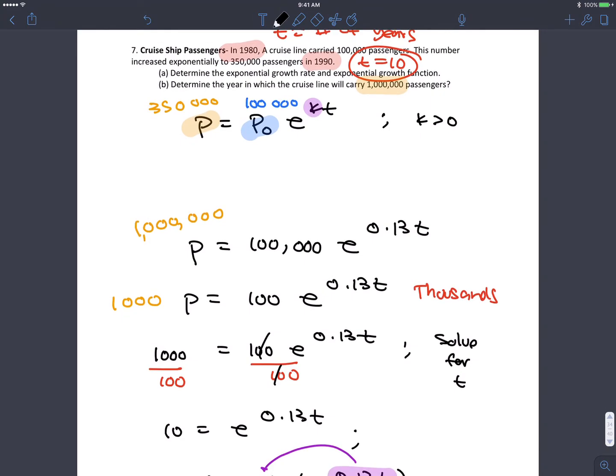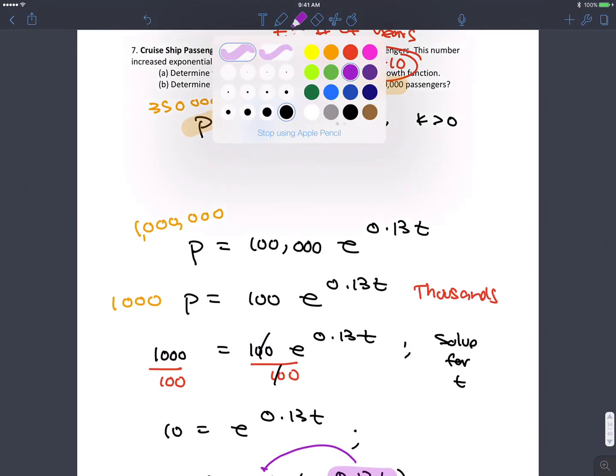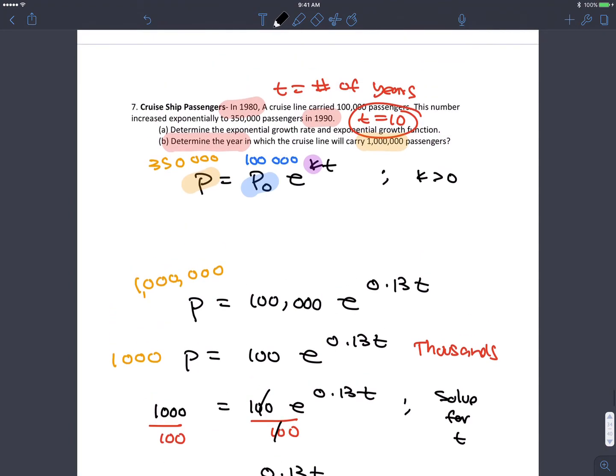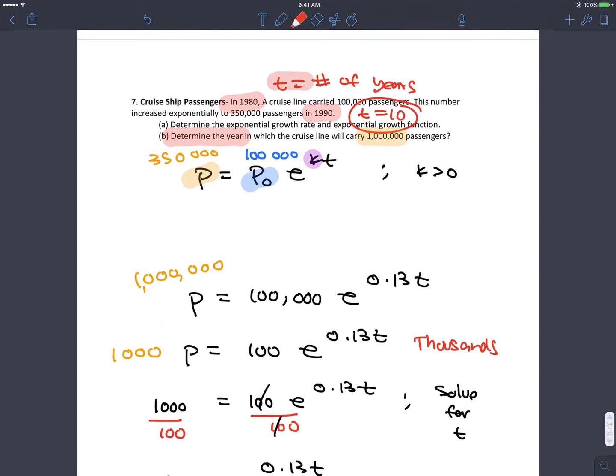Now, be careful. They asked us this following question. Determine the year. So let's go back and remember that t is the number of years after 1980.